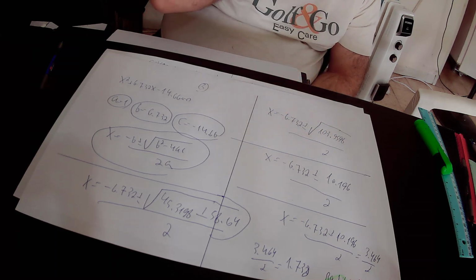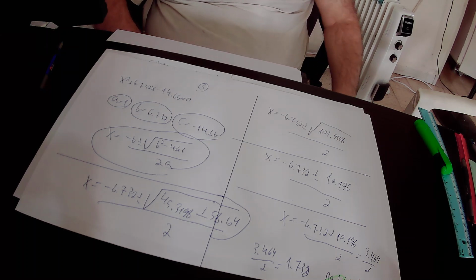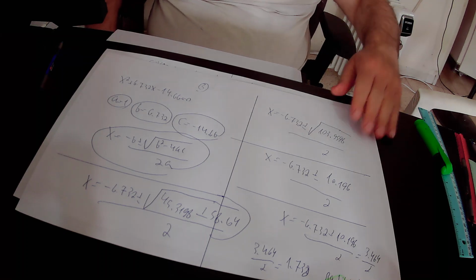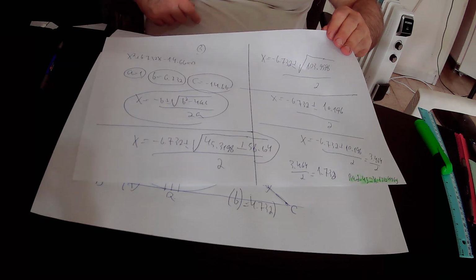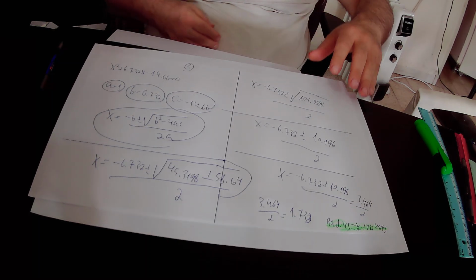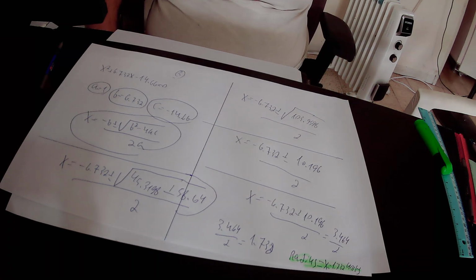So here we have two possible solutions for x. One of the solutions is negative, and because x is the radius of this circle, and a radius is a length, and a length must be a positive number, the negative solution is incorrect, so we cancel it and keep only the positive solution.